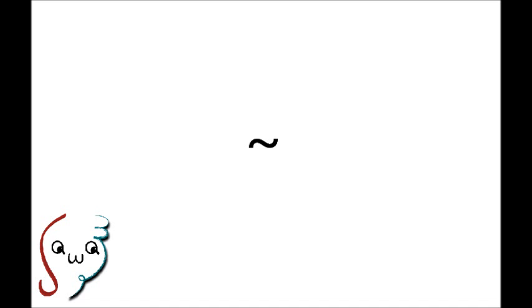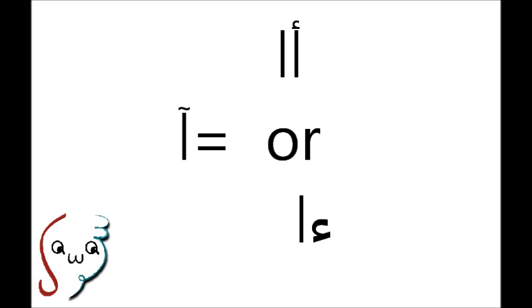Okay, then we move to madda. Madda is always placed on the letter alif. It can only be placed on alif. And madda appears when the word in reality has two alifs after each other, and then we put just a madda, and it's just a longer sound of alif. Remember, the alif maqsura is a shorter sound of alif, and the alif with madda is a longer sound of alif.